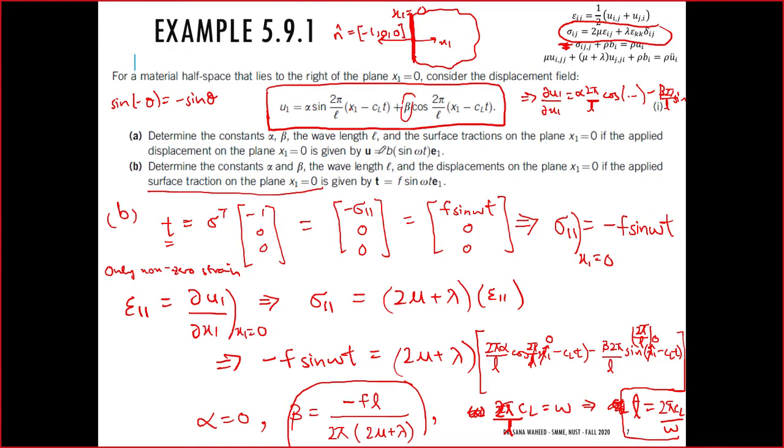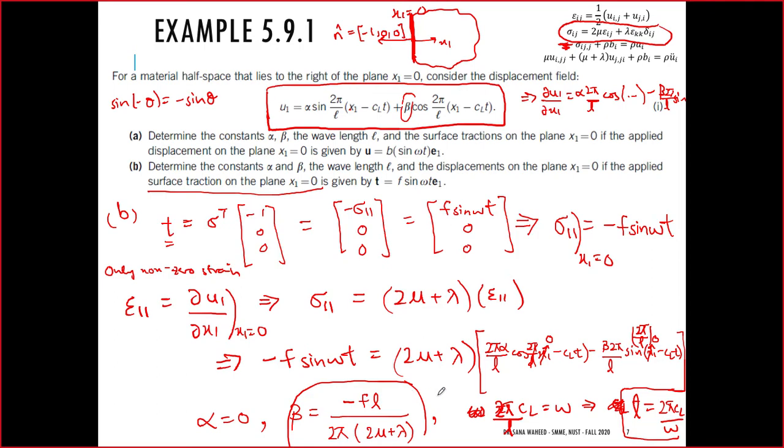Whereas this time around, the amplitude of the wave is actually a function of this funny little thing. Material properties are coming into it, the amplitude of the traction wave is coming in, and the wavelength is coming in. So a bit more complicated this time around.